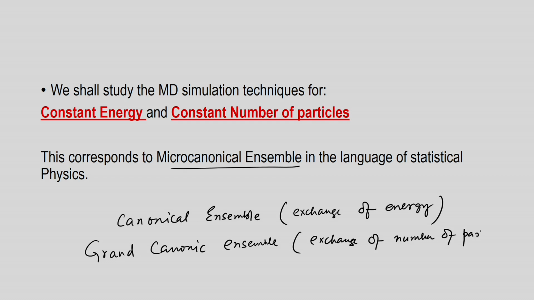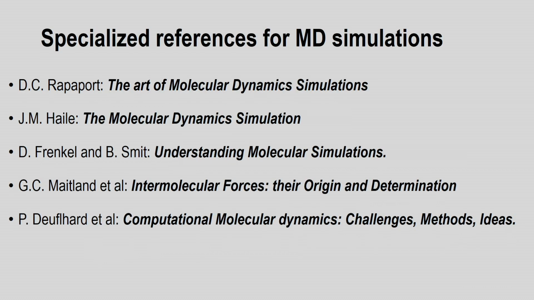All right. So, we will restrict ourselves to the simplest case, which is for a given energy. The energy is the same, the number of particles is the same, there is no bath. So, the system cannot exchange energy with a bath. It is an isolated system, so to say.